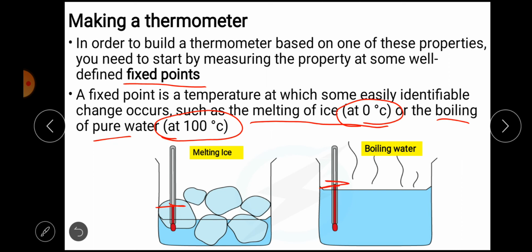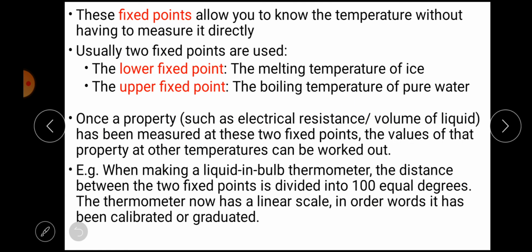So let's see how we therefore use this. The fixed points allow you to know the temperature without having to measure it directly. Usually two fixed points are used: the lower fixed point, the melting temperature of ice, and the upper fixed point, the boiling temperature of pure water.